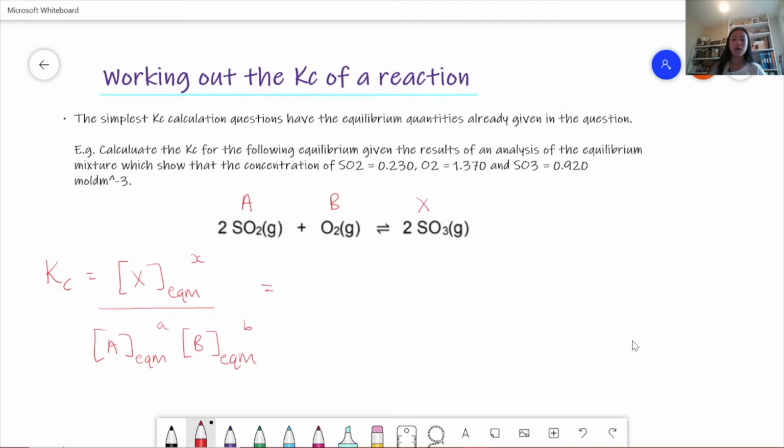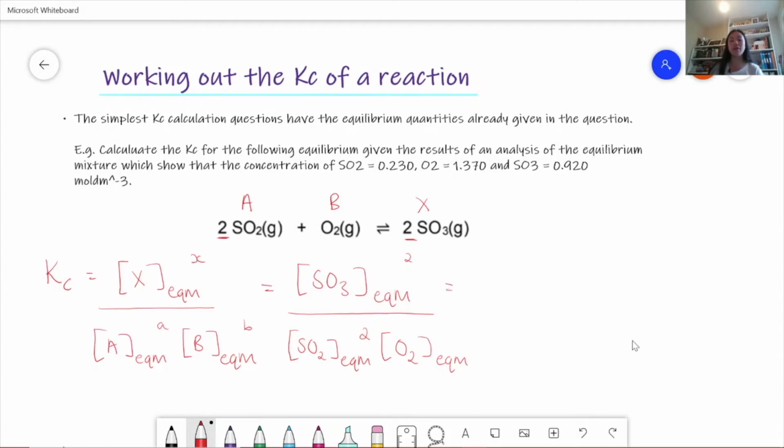So that means we're finding the concentration of SO3 at equilibrium and then multiplying it by 2, because this is the amount of moles of SO3 we have. And then on the bottom we'll have SO2, the concentration of it at equilibrium, and multiply that by how many moles of it we have, and then multiply that by the concentration of oxygen taken at equilibrium, and the moles of that is just 1, so there's no power.